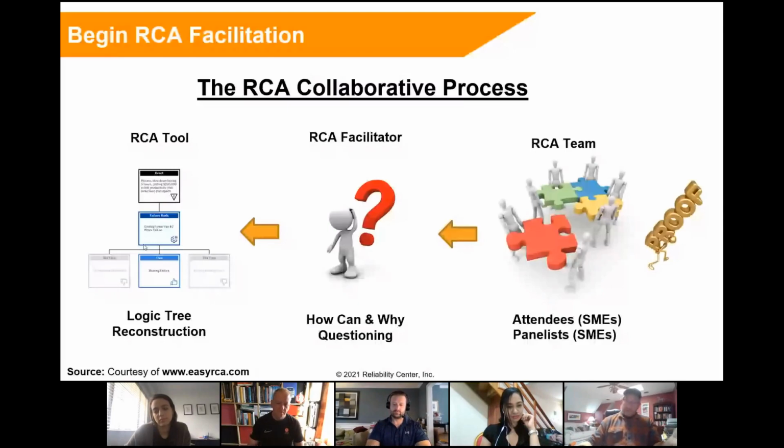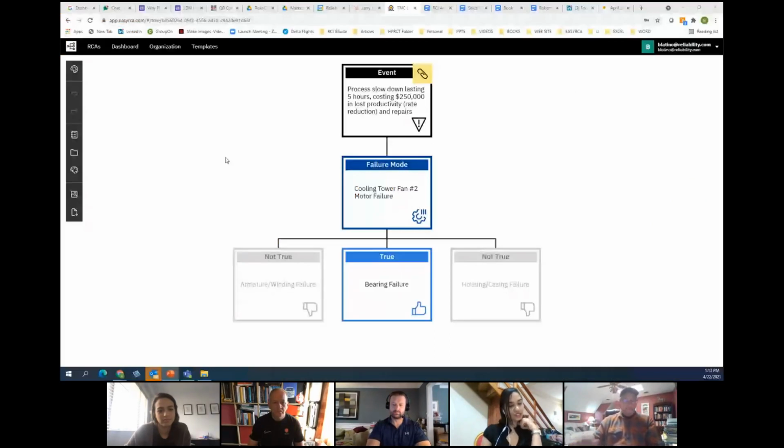So that's really what we want to do. And the role of a facilitator is to get that information out of other people's heads and get it into a recording mechanism. So given that, I am going to escape out of that and go into here.